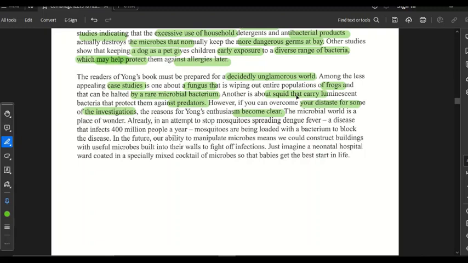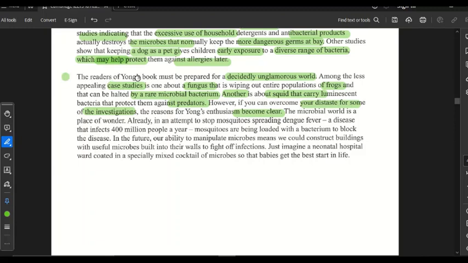Another is about squid that carry these luminescent bacteria that protect them against predators. Now, this one, another, means it is an add-on to the previous one. So let's start with the first sentence.